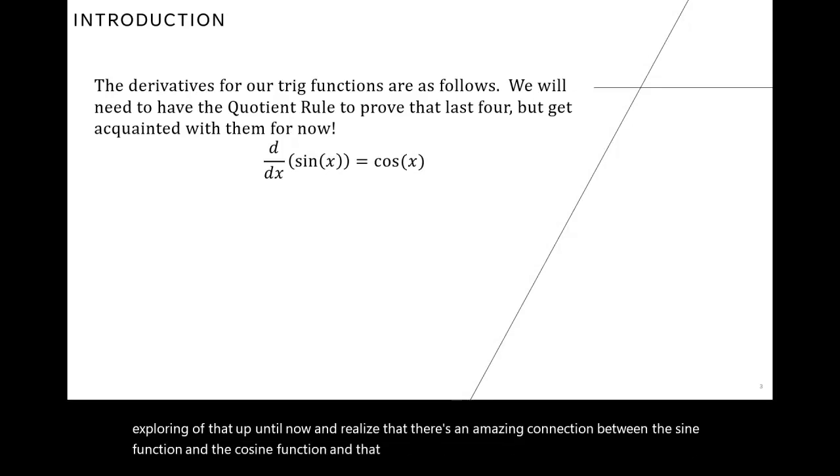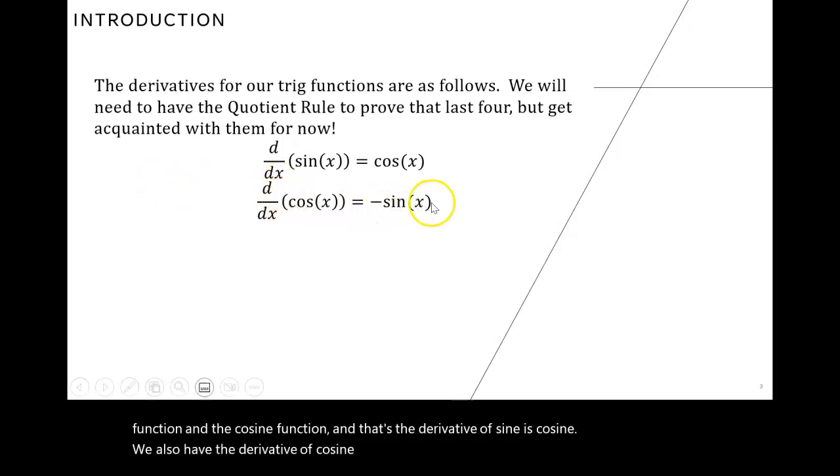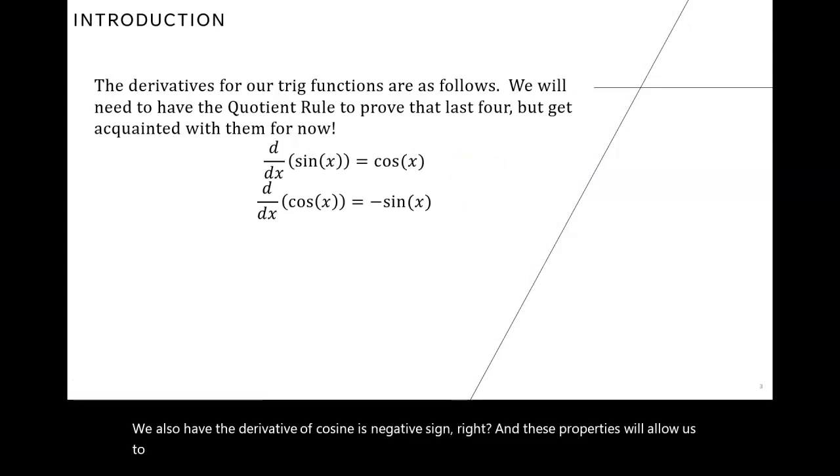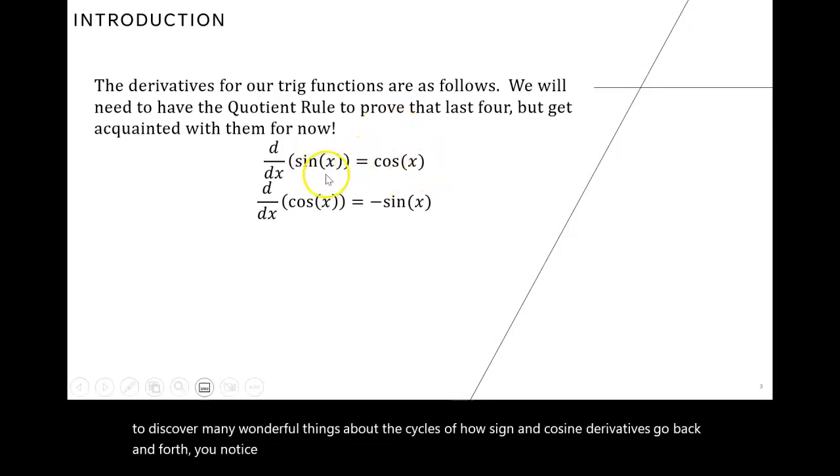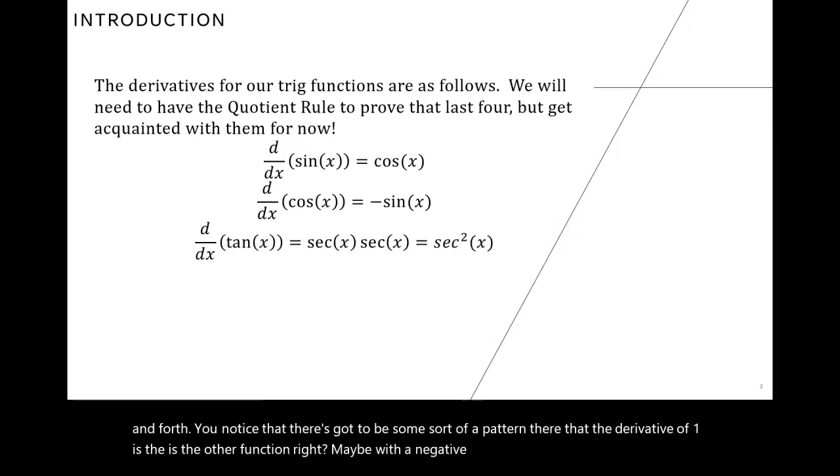We also have that the derivative of cosine is negative sine. These properties will allow us to discover many wonderful things about the cycles of how sine and cosine derivatives go back and forth. There's a pattern there: the derivative of one is the other function, maybe with a negative attached.